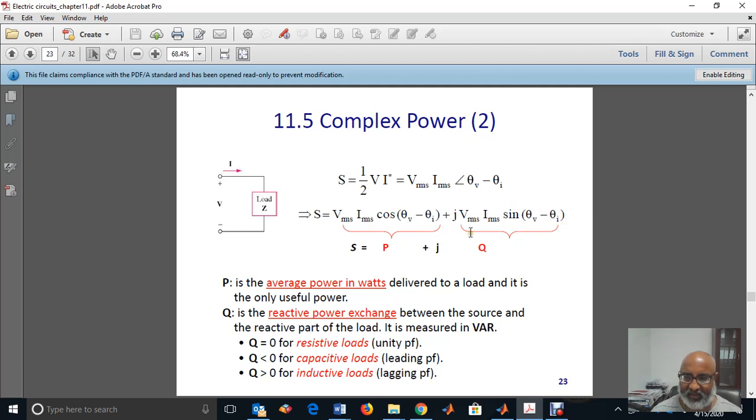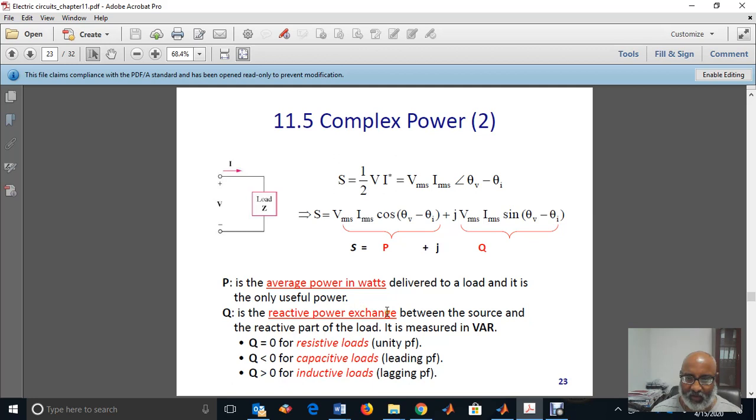This part we call Q, the reactive power, and the unit is volt ampere reactive. To distinguish it from volt ampere, the unit of Q is volt ampere reactive. This one is the real power P, and the unit is watt, and the unit of S is volt ampere. So P is the average power in watts delivered to the load, and it's the only useful power.